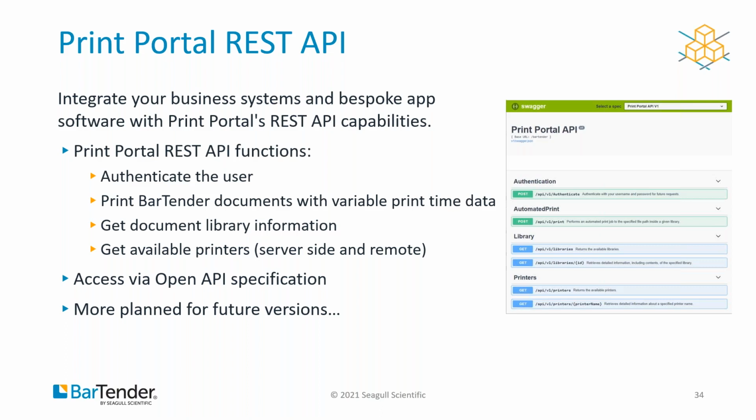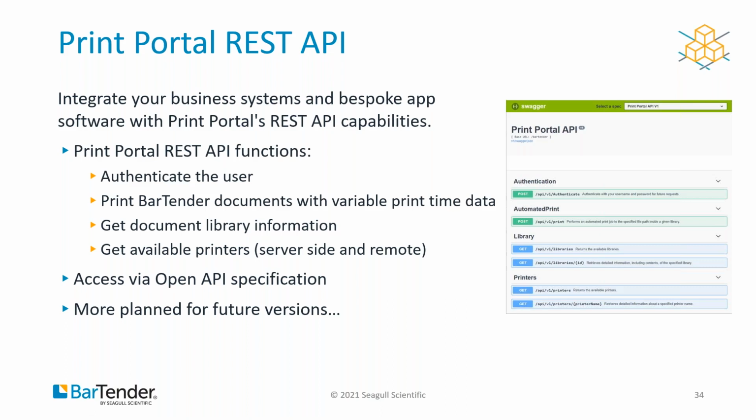So it can authenticate the user. Once authenticated, they can use the authentication token that they receive for all of their following requests, so that Print Portal knows that the user making this request is this person X who has already authenticated themselves. And we'll take a look at each of these in just a short while.